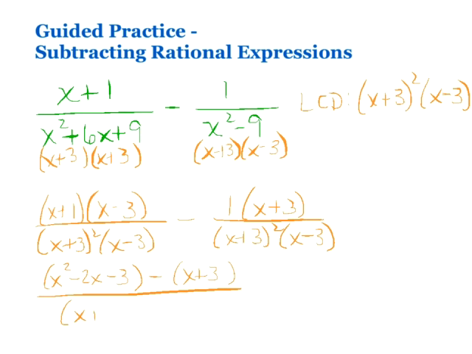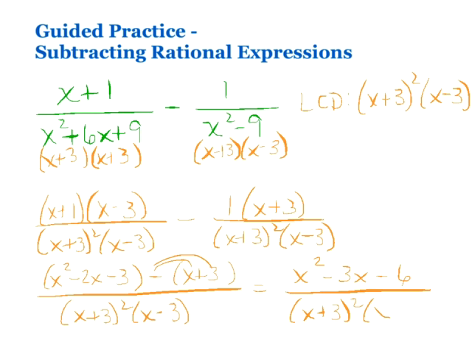All that is still over x plus 3 squared times x minus 3. And so now when I distribute my negative sign here, I'm going to end up with an x squared minus 3x minus 6 all over x plus 3 squared times x minus 3.